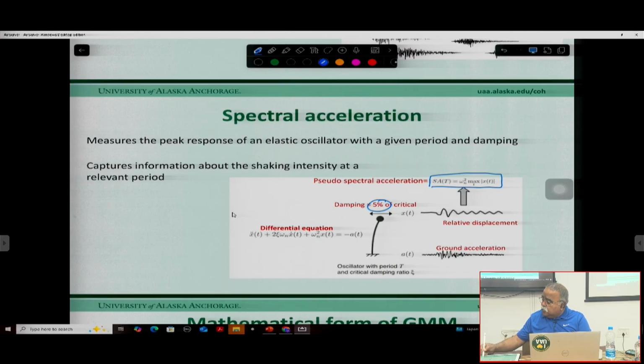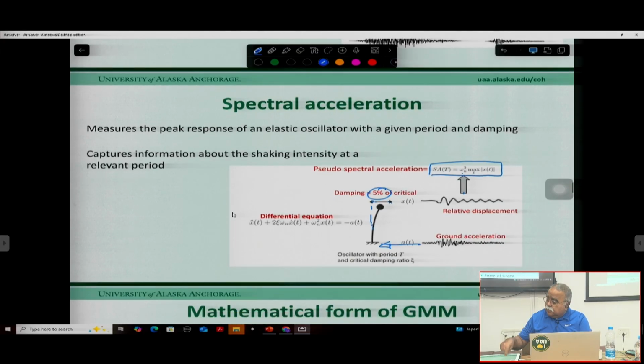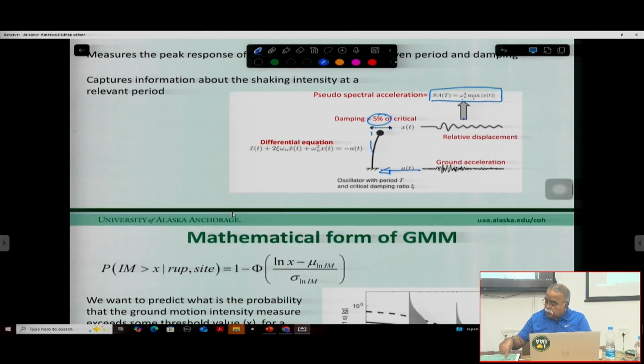For a ground oscillation, it will create a displacement of the structure, and the maximum value of this displacement multiplied by omega n square will be the spectral acceleration, and that spectral acceleration you can also use as an intensity measure.